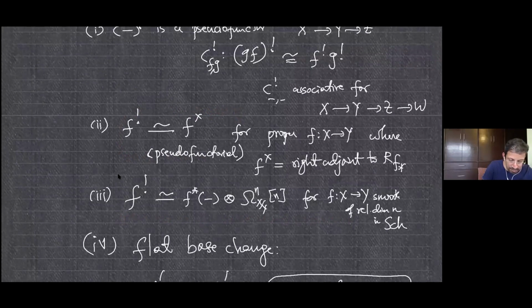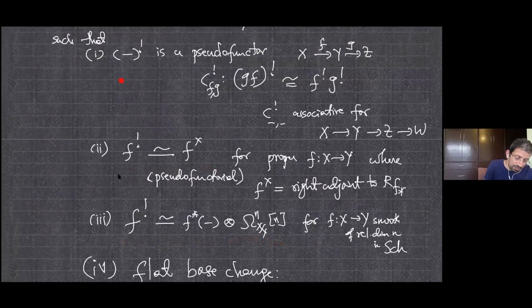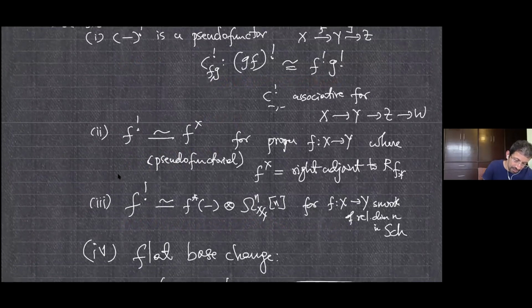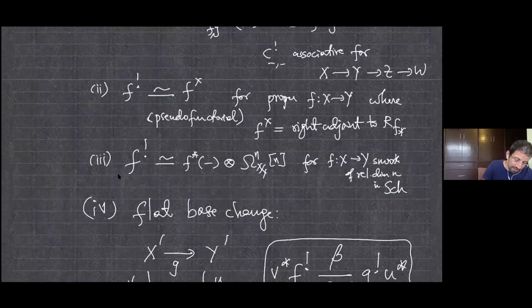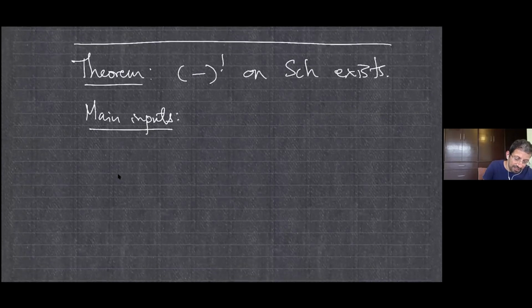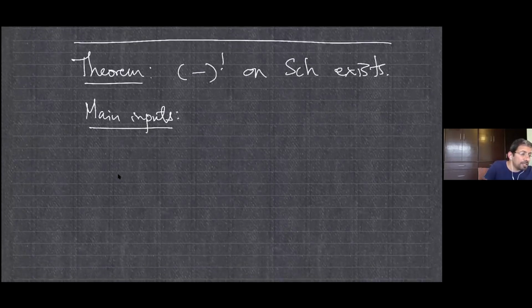If it is not proper, then you can't expect it to be a right adjoint. In fact, we don't want it to be the right adjoint. What we want is, for example, if it is smooth, it should look like this. At the same time, it should be pseudo-functorial, so if you can compose two maps, you should be able to say what it is. So here's one way of constructing a theory of upper Sch Rc.